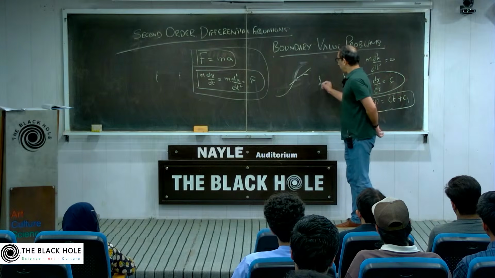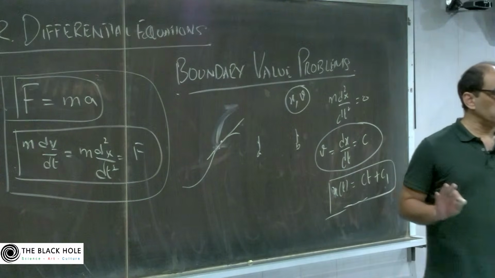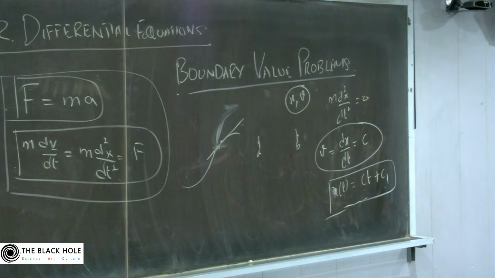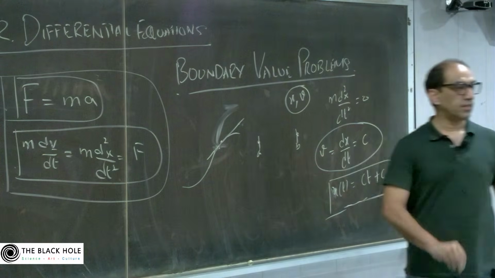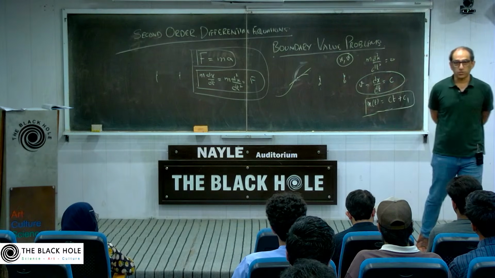So what are the different ways that I can actually find the two constants if I have these 2 points?